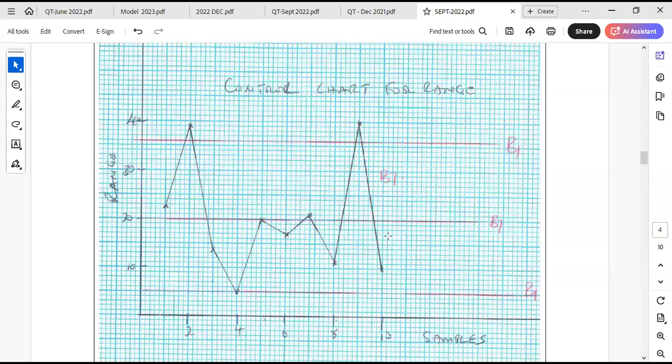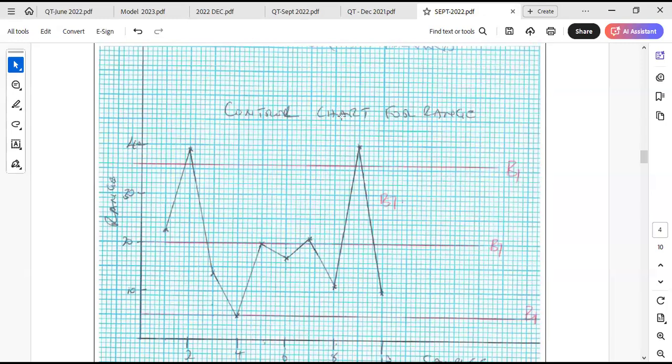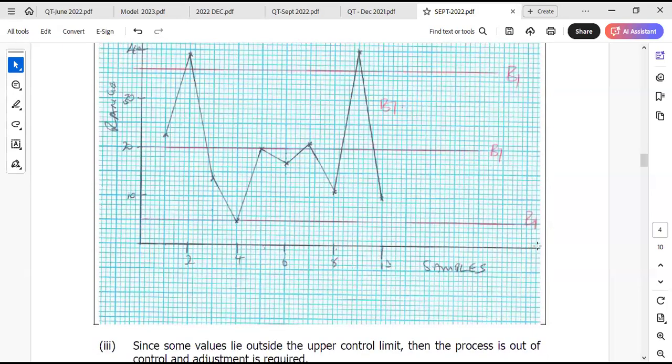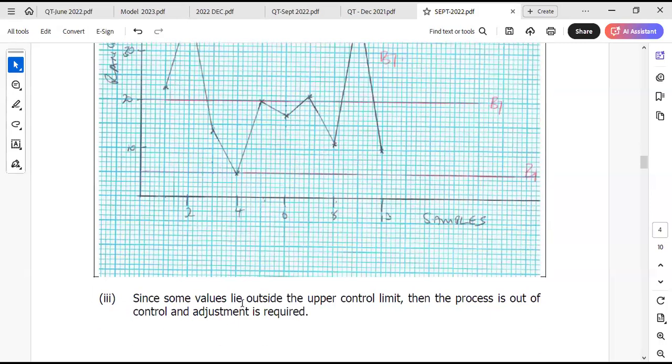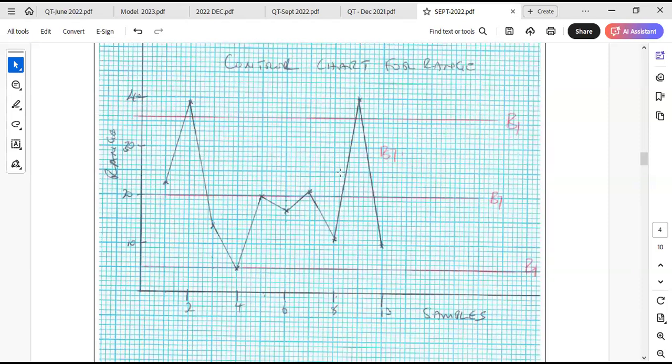And that will be all for your control chart. Put the title, control chart for range. Don't forget to put arrows, even here put an arrow. To comment: since some values lie outside the upper control limit, you see that you have points that are above the upper control limit.